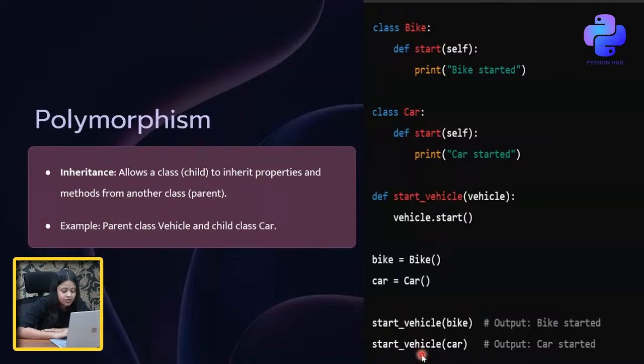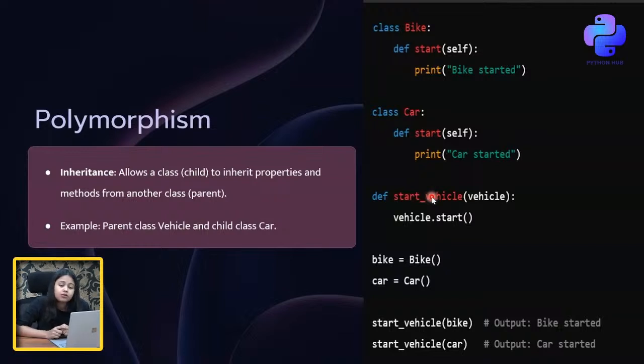Again, for the car, it says car started. The same startVehicle function works for both the bike and the car objects, calling their respective start methods. Polymorphism allows one function, here the startVehicle function, to work with different types of objects, which here are the bike and the car.